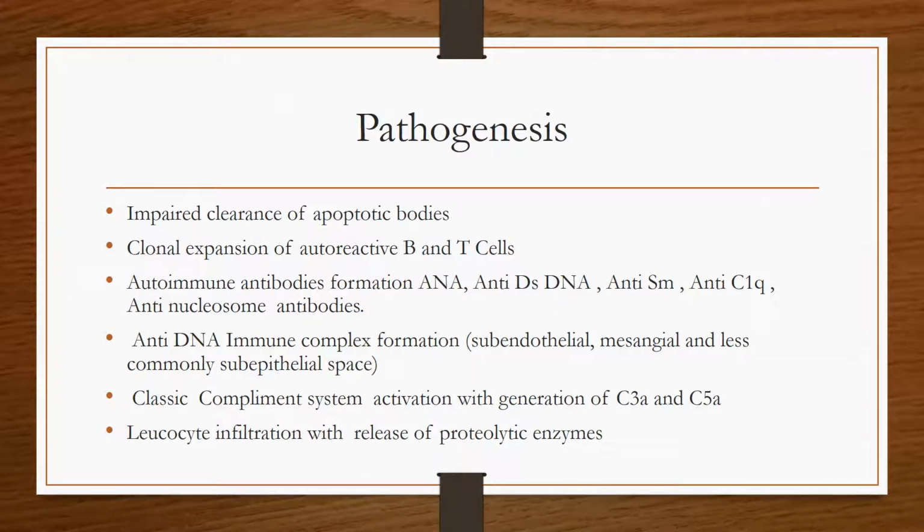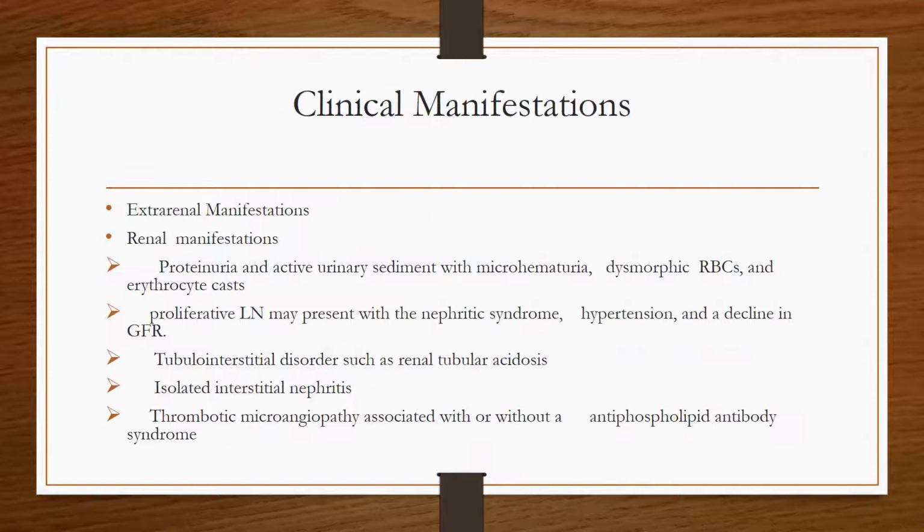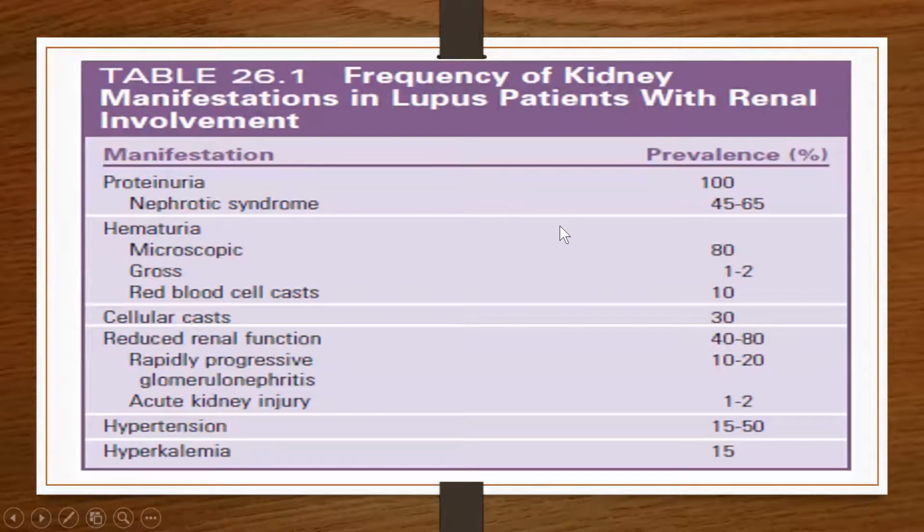These antibodies bind with antigens, forming antigen-antibody complex, activating classical complement system, and generation of a membrane attack complex, as well as leukocyte infiltration and release of proteolytic enzymes, causing glomerulonephritis, as well as damage to the kidney, leading to the clinical picture of lupus nephritis. The clinical manifestation, in addition to extra renal manifestation, which we discussed in the SLICC classification, in terms of kidney, this is a better cartoon.